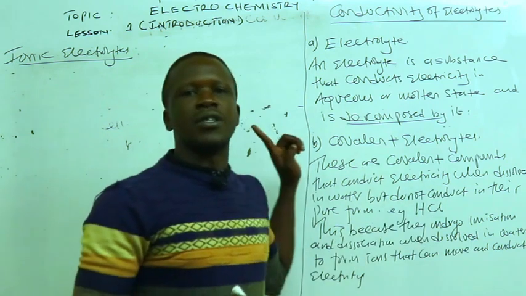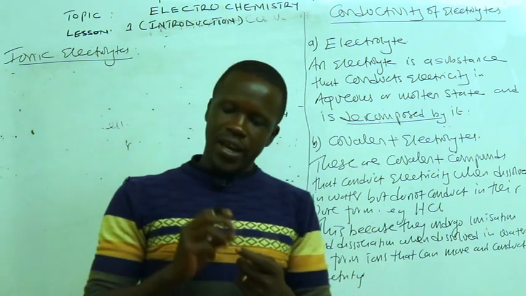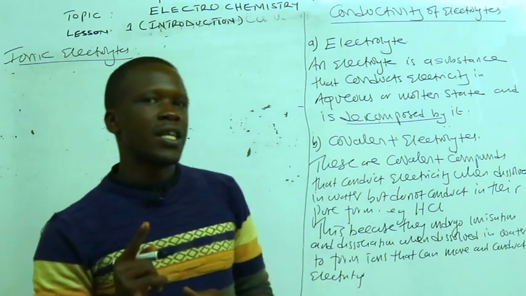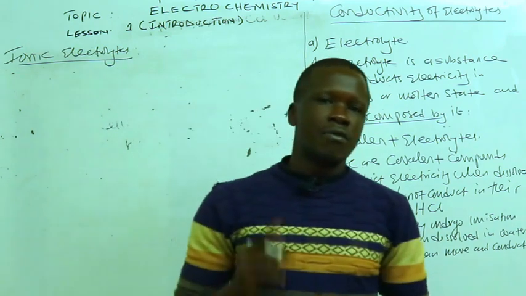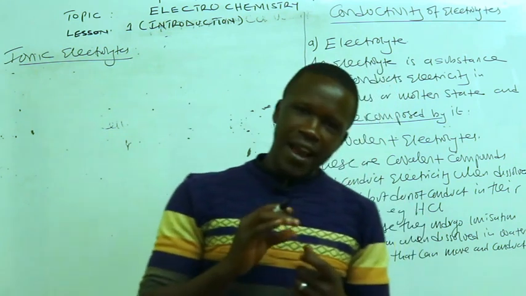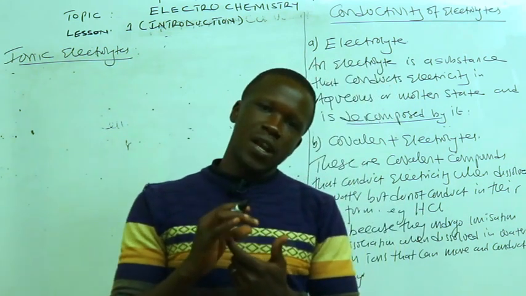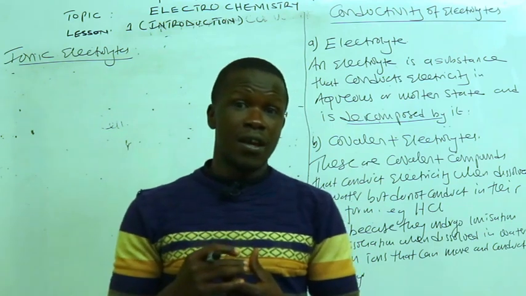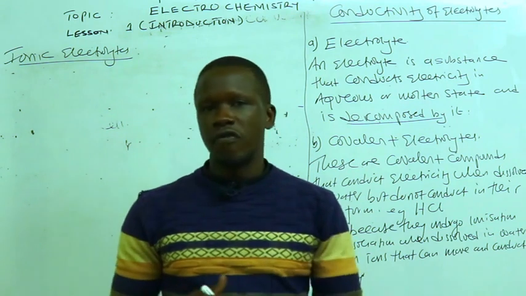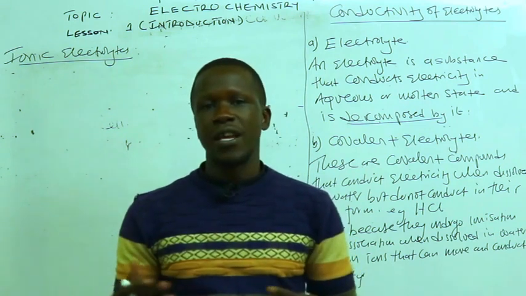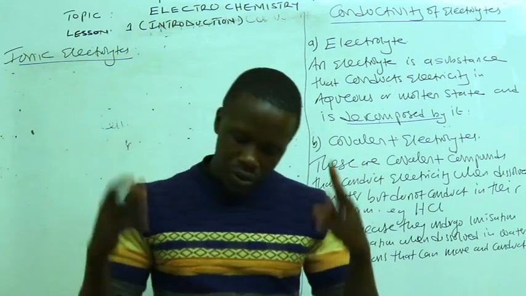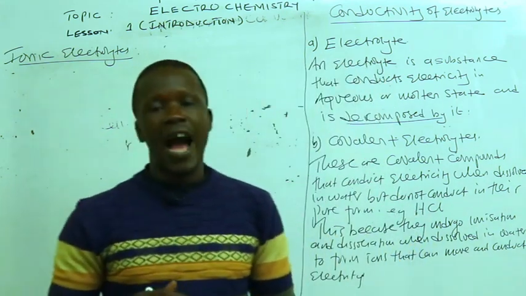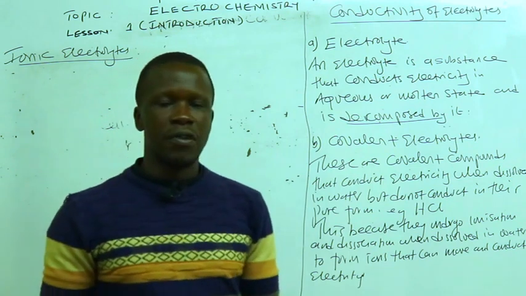Now, these salts, when in a solid state, will not conduct electricity. Reason, the ions are strongly attracted to one another. There is a very strong ionic bond, and because of that, these ions are not free to move.